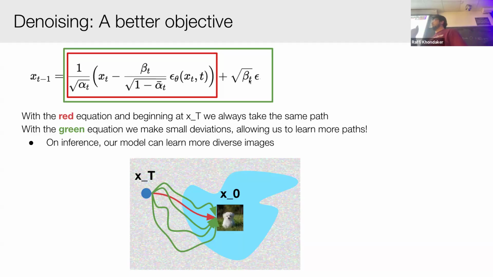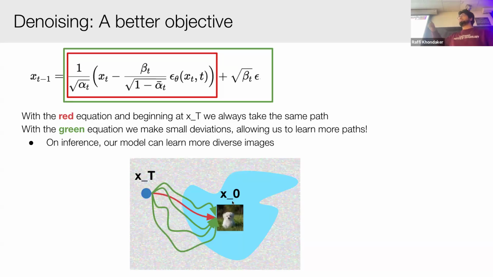Now we want to add very small amounts to almost deviate our pathway. Remember we have these pathways. Adding this is almost like a random direction change. Why do we do that? Well, remember the whole point is to learn pathways. On inference, I want to pick a random thing in image space, this random noise vector, and then have it point back to dog space.